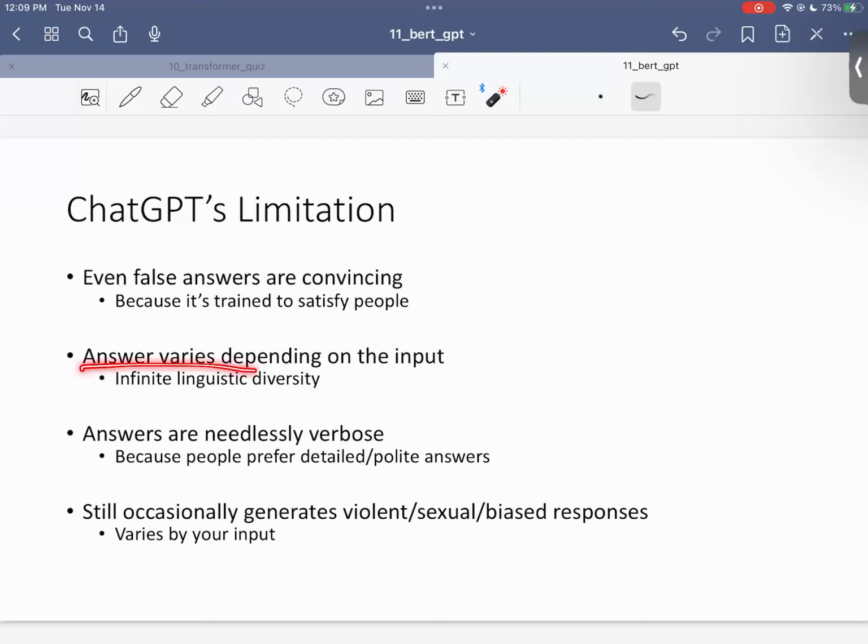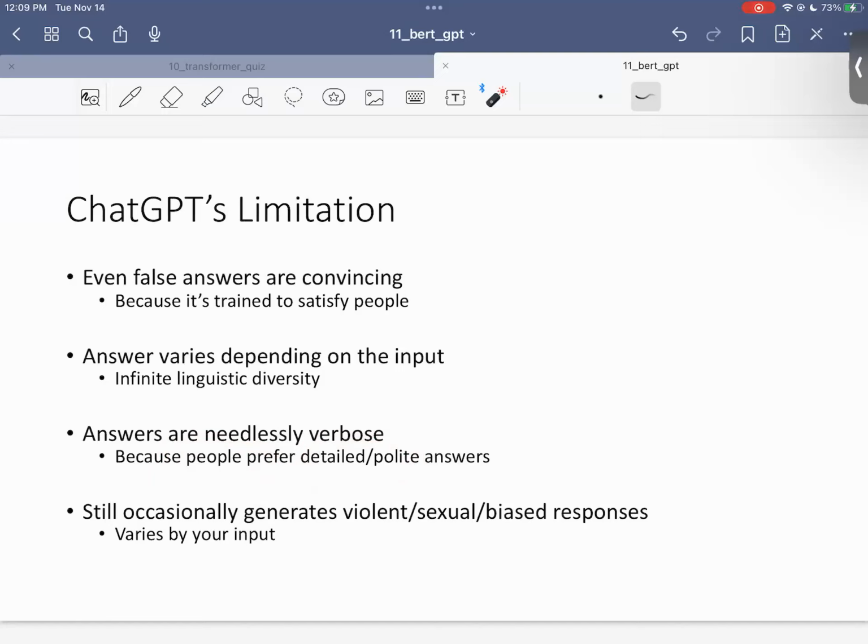And the answer varies depending on the input. If you ask it in this way and in another way, the answer might vary. Even adding a please at the end of the question will give you a different answer. This is just a reflection of the infinite linguistic diversity. And answers are neatly verbose. Again, this is because the annotators hired by OpenAI, or maybe the OpenAI guideline, said to give 5 stars to detailed, polite answers.